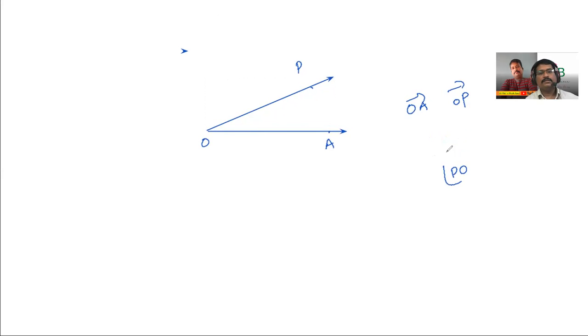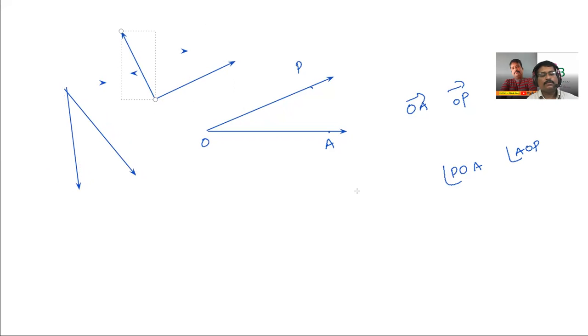So angle POA or angle AOP. We can name it as angle POA or angle AOP, whatever it may be. So this is two. So like this also, an angle is there.